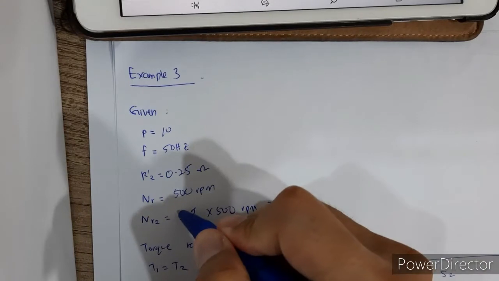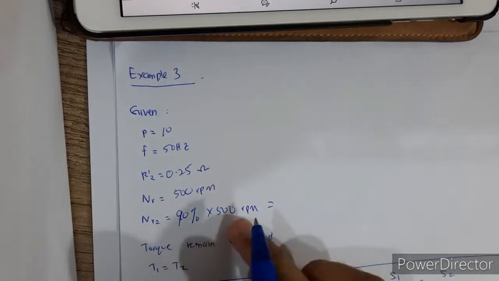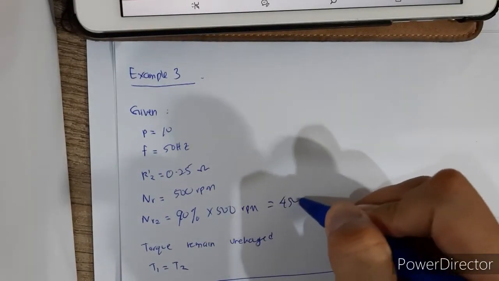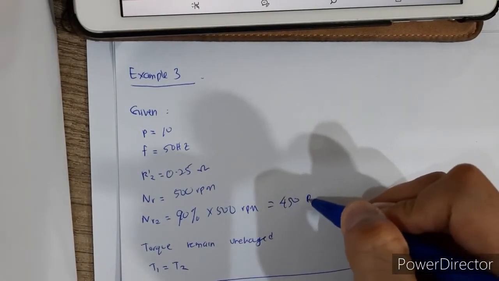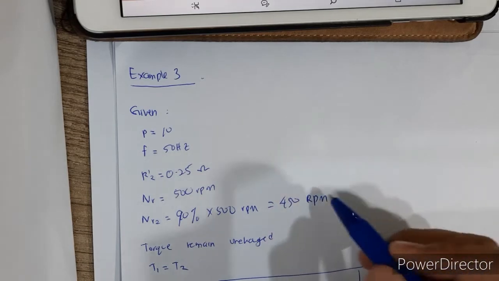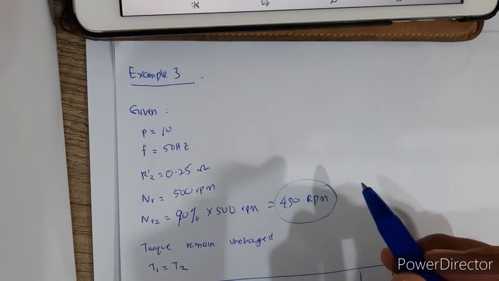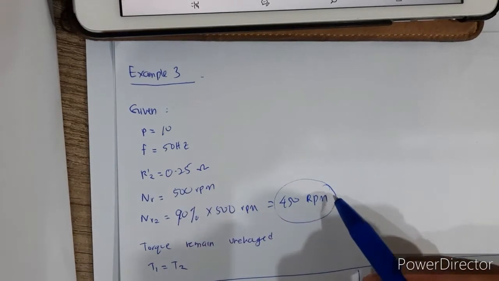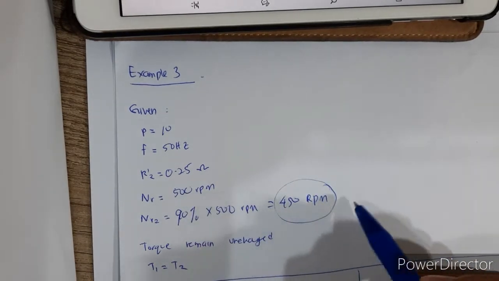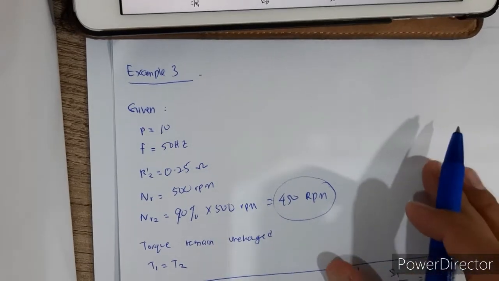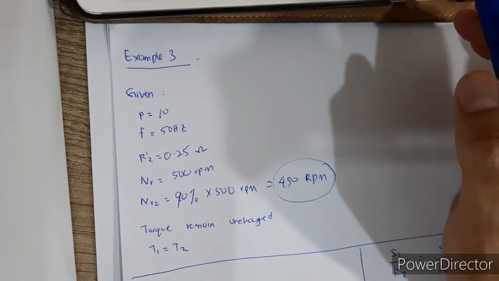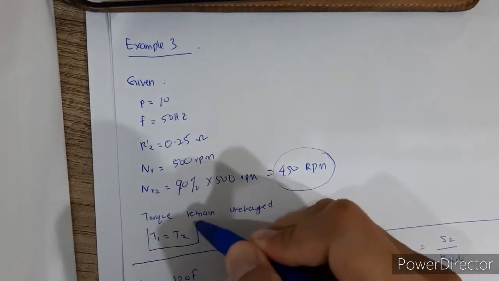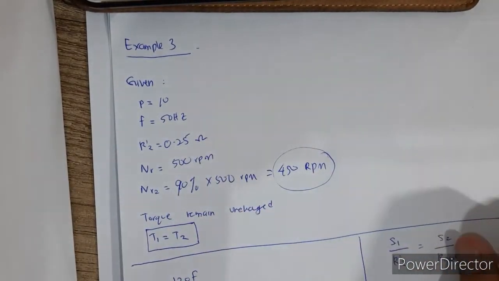So reduce to 90%: 90% multiplied by 500, which is 450 rpm. So this is the required speed, and then we have to find the additional rotor resistance in order to reduce the speed to 450 rpm. The other information is that the load torque remains unchanged, meaning that T1 equals T2.